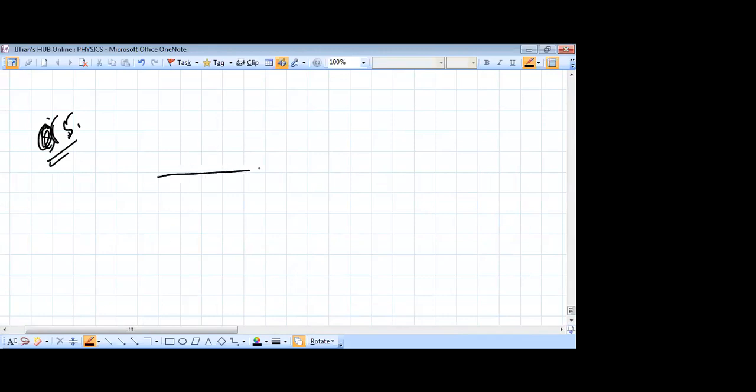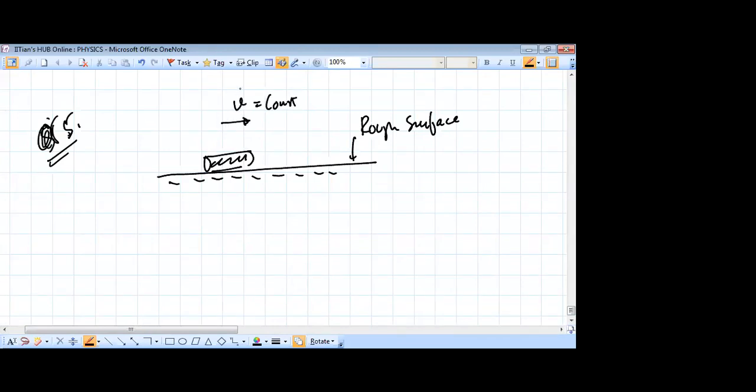So let's say along, now this is a rough surface. How do we know it's a rough surface? Because there is some drag or friction force acting. So in order to pull this at a constant velocity, that means the acceleration should be 0. We are having to apply a force of 300 newtons. Its mass is 100 kg.